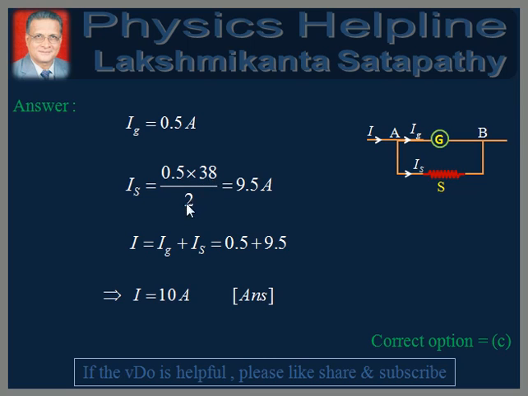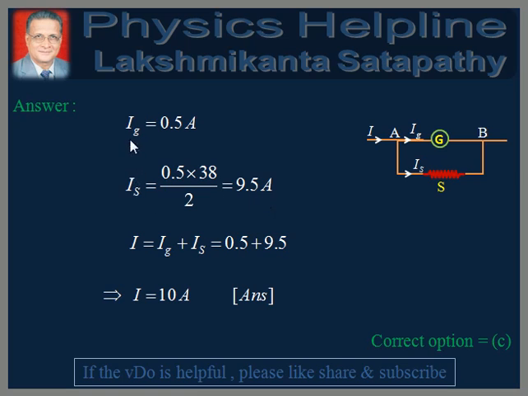Now 38 divided by 2 is equal to 19. 19 into 0.5 is equal to 9.5 amperes. Therefore we get Is is equal to 9.5 amperes.